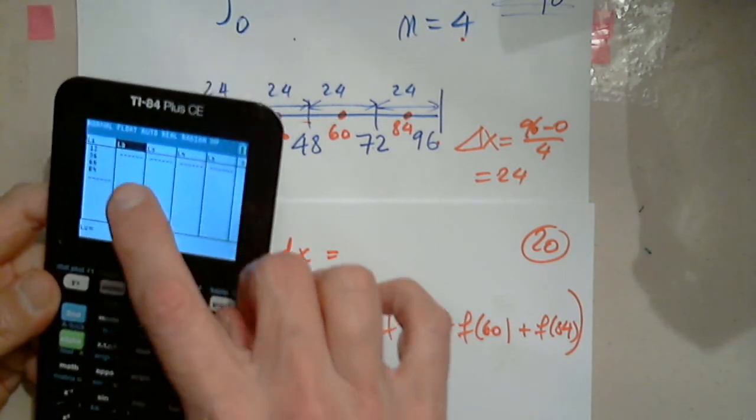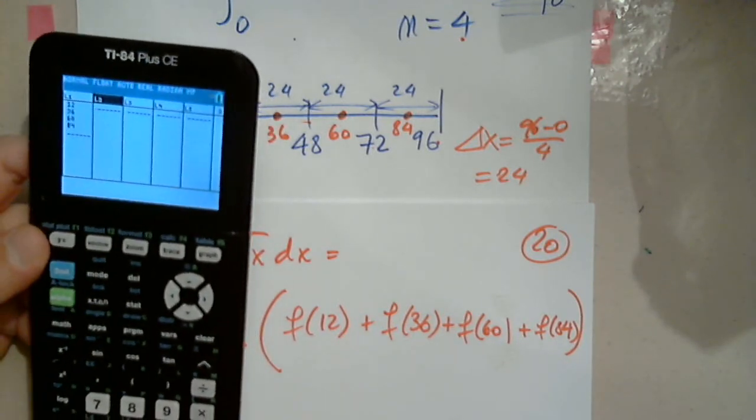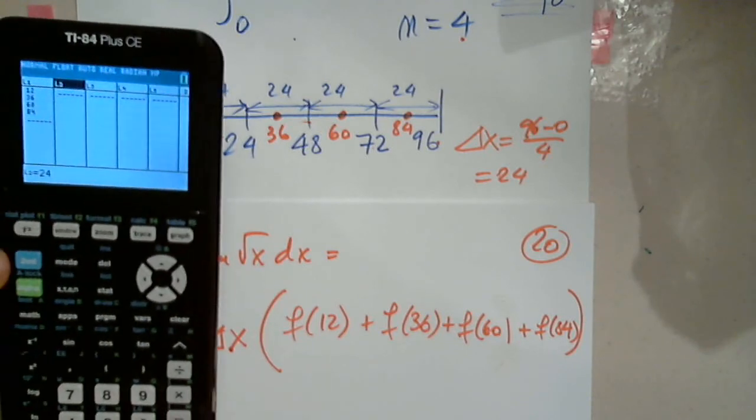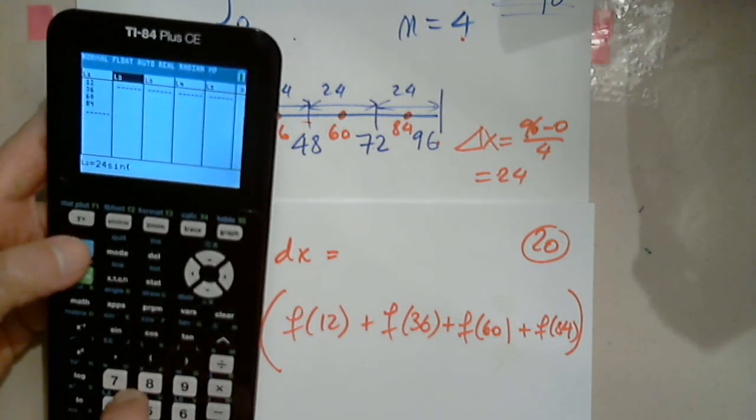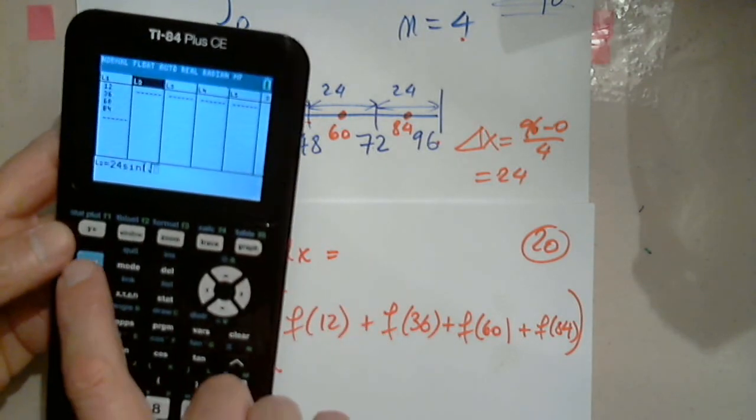Then I go back to list L2 at the very top, and I put 24 multiplied by sine of the square root, but inside the square root I'm going to put list L1.